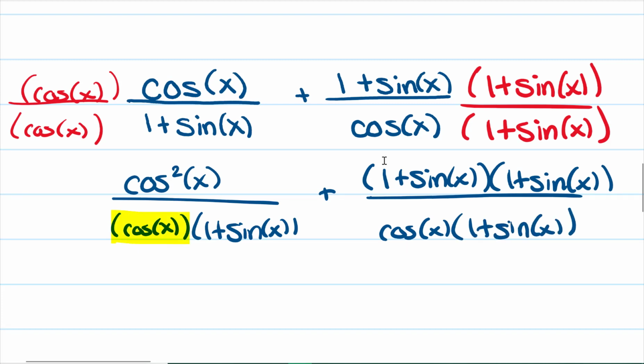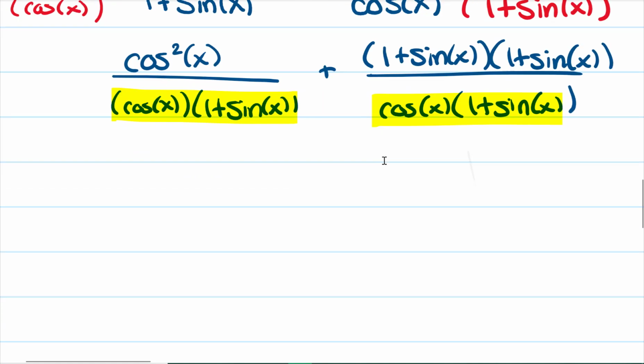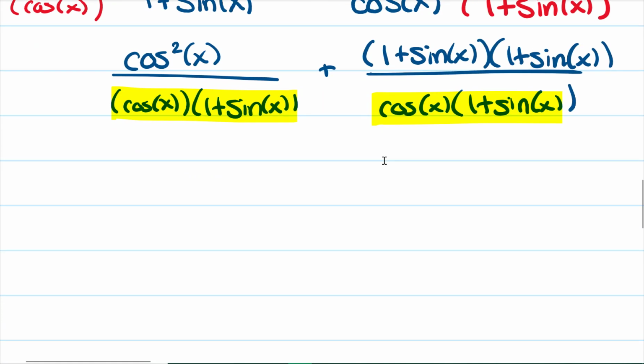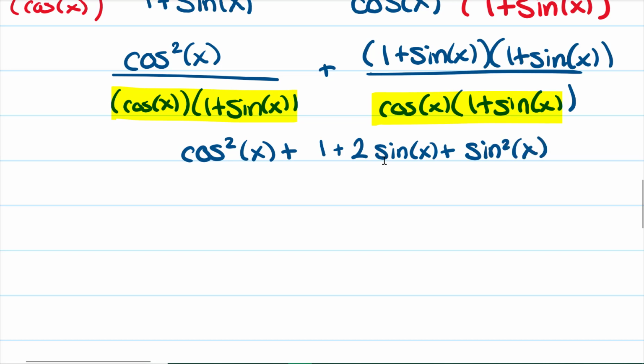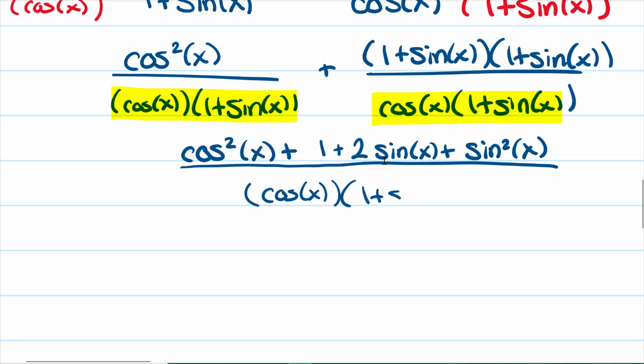Now notice that my denominators are exactly the same, so I'm going to write this as one fraction. So I get cosine squared plus, and then I'm going to multiply these. So I get 1 plus 2 sine of x plus sine squared of x, all divided by cosine of x times 1 plus sine of x.